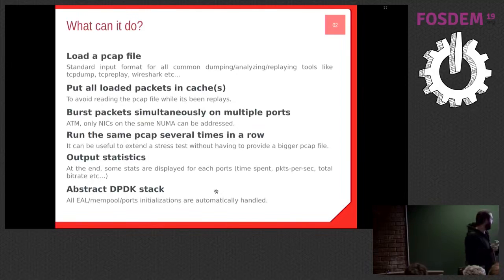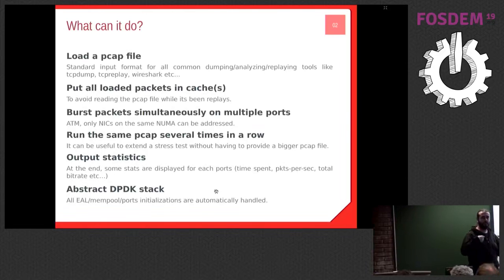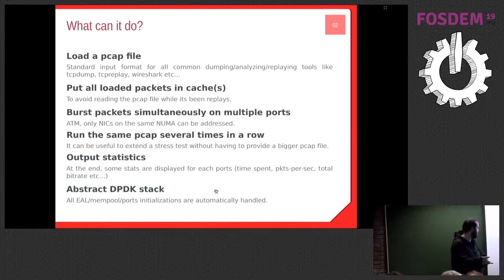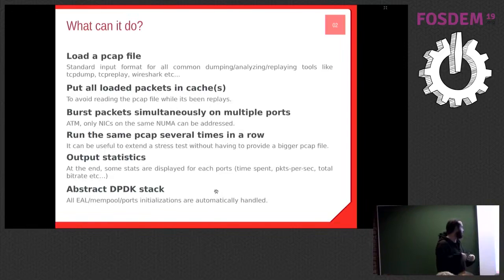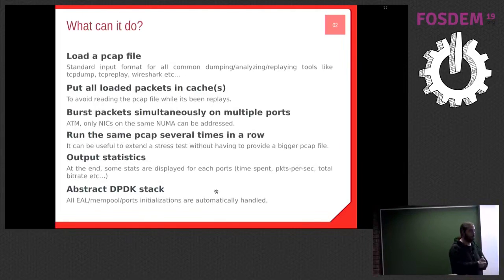We can burst the packets on multiple ports, and we can replay the same trace several times in a row. And at the end, we output some statistics about how the replays went. It also abstracts the DPDK stack, so you don't have to understand and manually configure your DPDK setup. The goal is to have a simple tool.